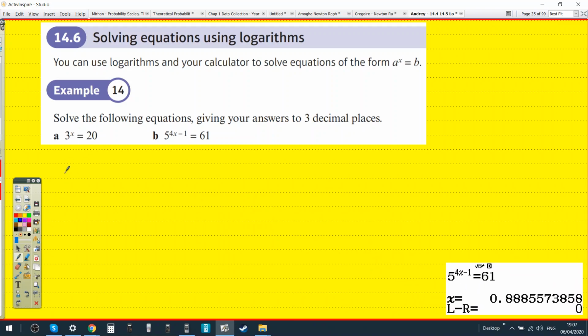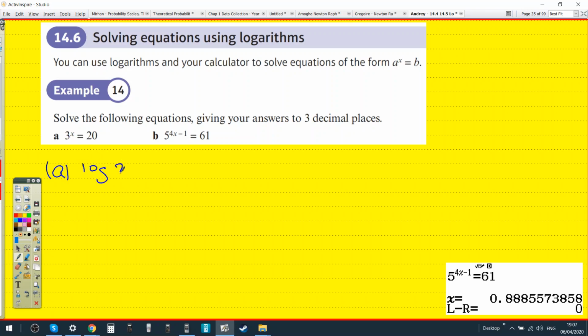How would you solve the first one? Would you just do log 3 and then 20? Oh, I see what you're saying. So 3 is the base.